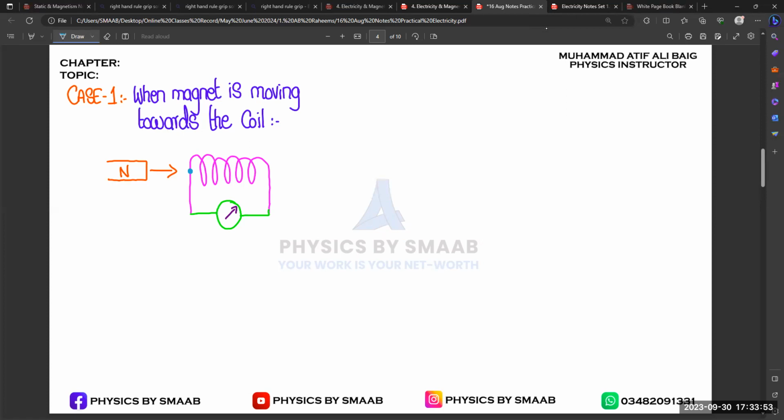When current passes through the conductor, a magnetic field will be generated around the coil. So when the magnet is passing through the coil, EMF will be generated, and due to that induced EMF, your coil will get a north pole and a south pole because of the magnetic field, right?